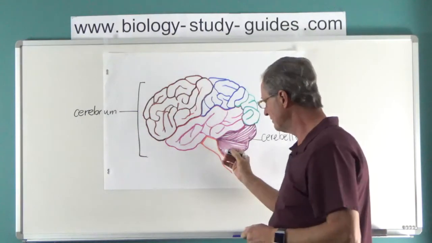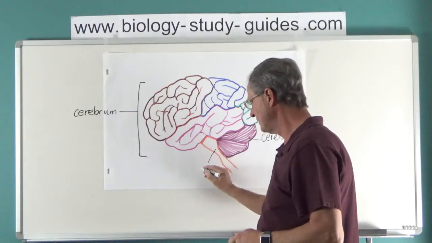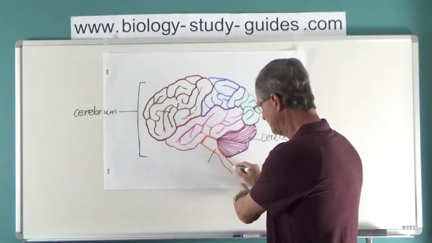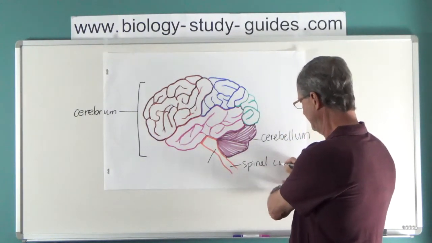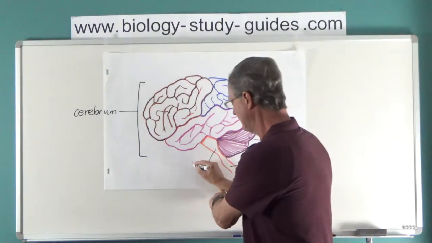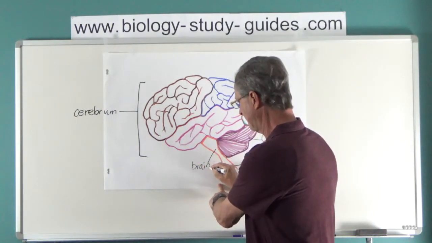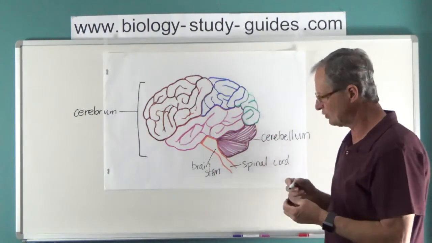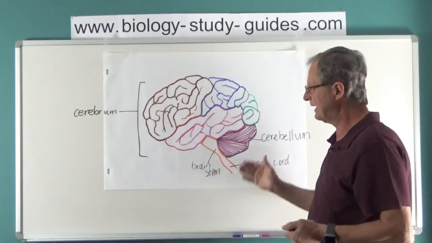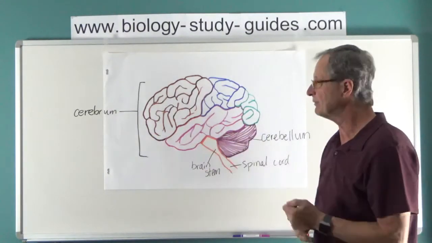This area down here is the brain stem, and this is the spinal cord. We call the top of the spinal cord the brain stem, and when we look at it on the inside, I'll be able to show you a little more detail.